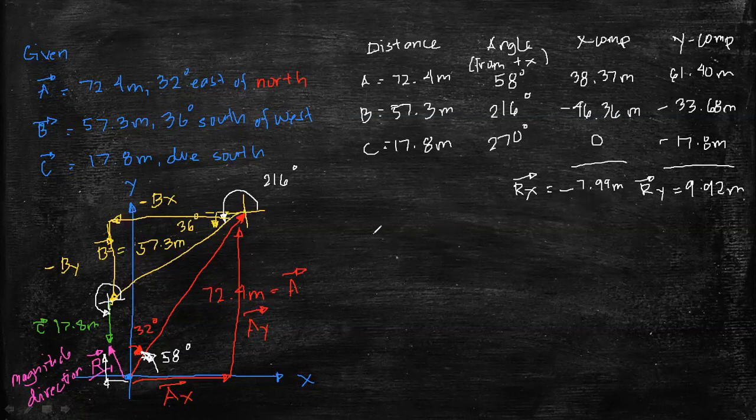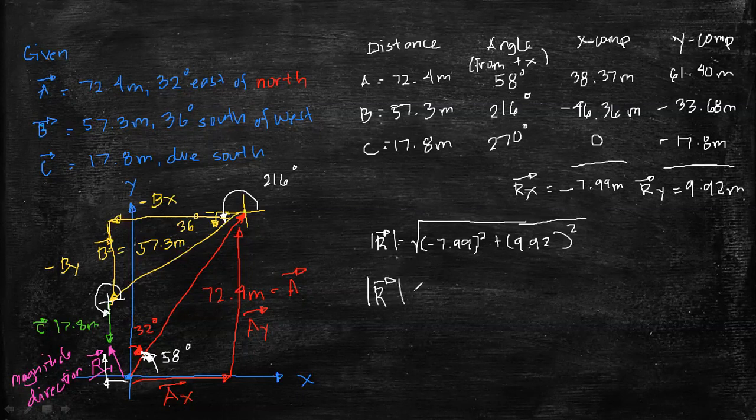So to solve for the magnitude of our vector R, use the Pythagorean theorem. So we have the square root of negative 7.99 squared plus 9.92 squared. Therefore, our resultant magnitude is 12.7 meter.